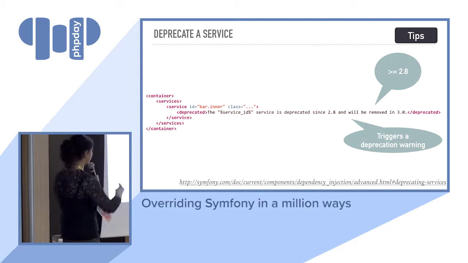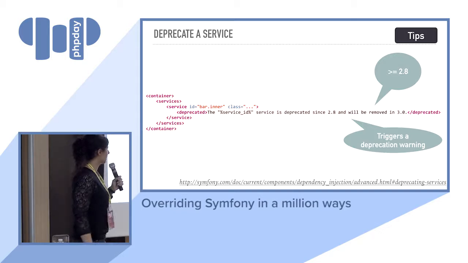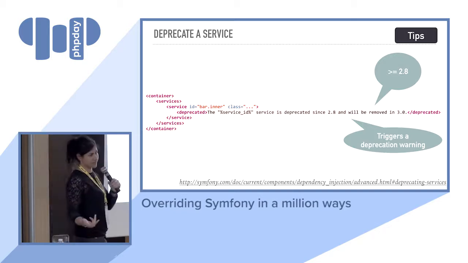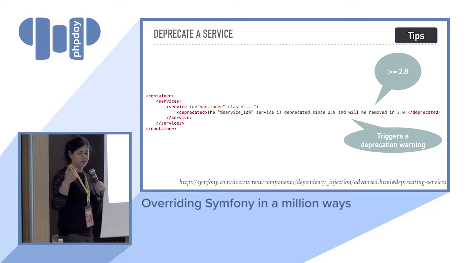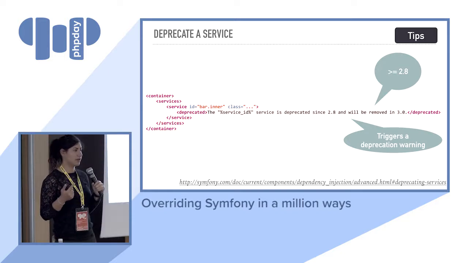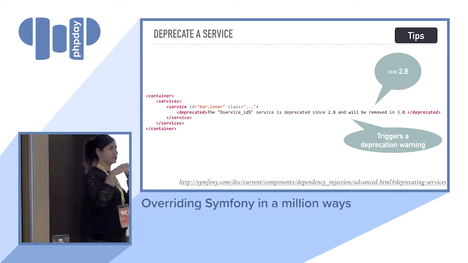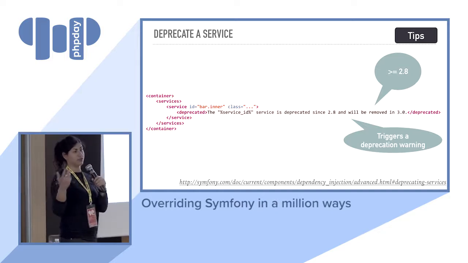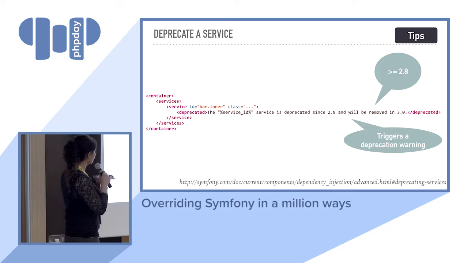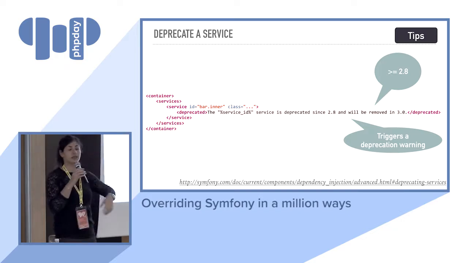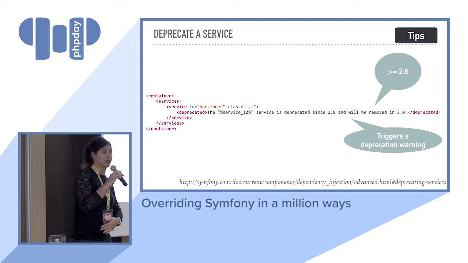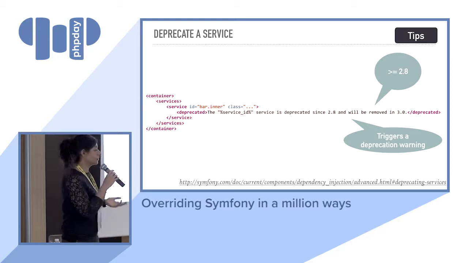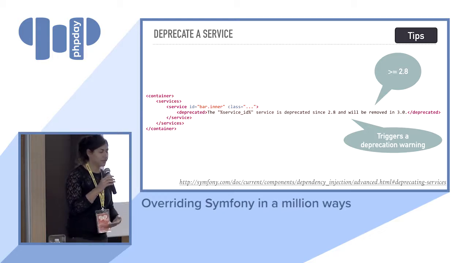A little tip here, maybe you don't know it, but you can deprecate services yourself. From 2.8, the Symfony core team had to deprecate some services because you know that if you are using Symfony 3, you will have some deprecation warnings. They are using this special annotation called deprecated. It can be used in PHP and YAML if you are declaring your services in YAML or PHP.